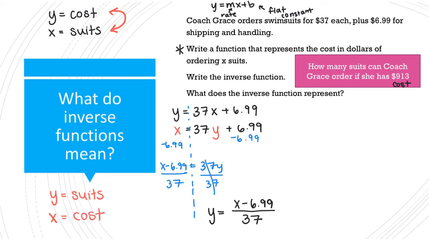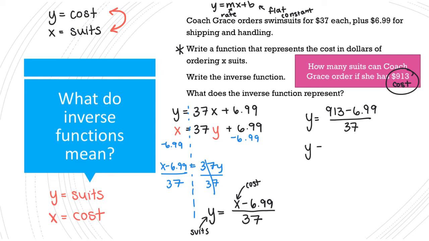This is great if you are going to be using this same equation multiple times in kind of the reverse order. So what we can now do, since our x is our cost and our y is our suits, is if I know my cost is $913, I can plug that in for x and solve for y.